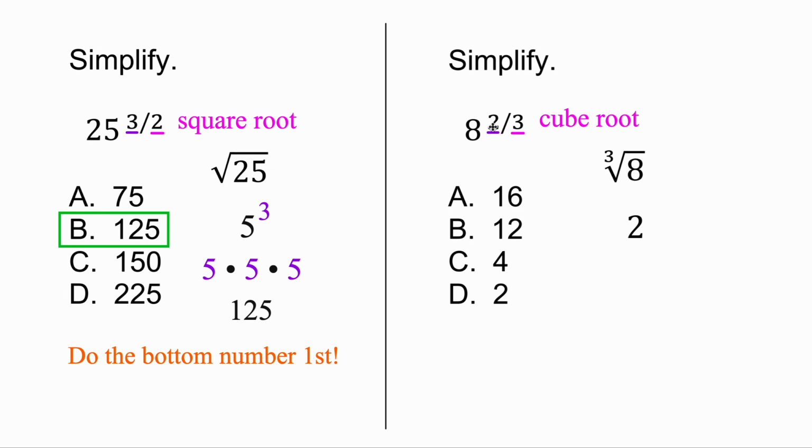But then finally, the top number is 2, that's the power, so we'll apply that now. 2 squared gives us 4. Final answer is 4 here. So as you can see, by doing the bottom number first, you can either square root or cube root something, get it down to an easy number. Then you can apply the top part, or the additional power. Start to feel like a mad scientist after a while.